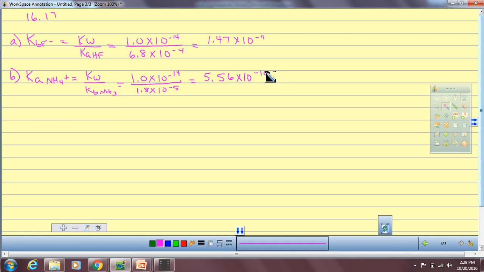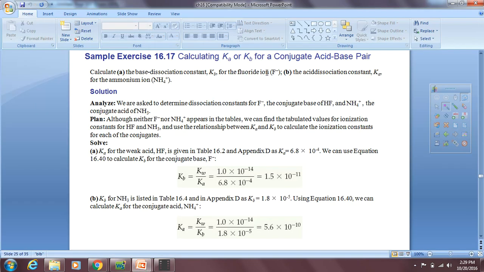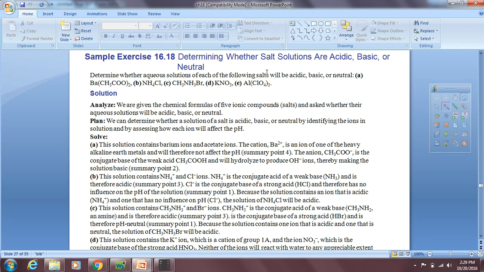Sample 18 is on page 698. Determine whether aqueous solutions of each of the following salts will be acidic, basic, or neutral.